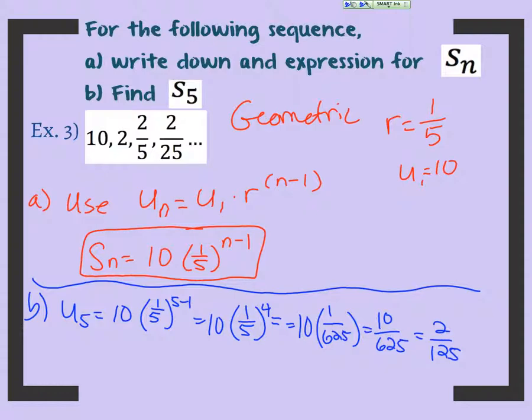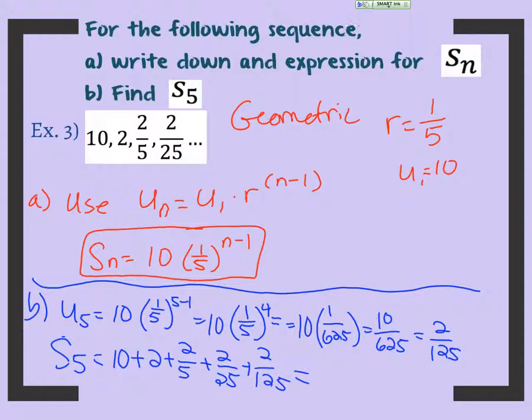So once again, yeah, I did it the long way. It would have been a lot shorter just to multiply by 1/5. I don't care which way you do it. But then to find the sum, remember the S, not S sub n, S sub 5, that means the sum of the first 5 terms, I have to add 10 plus 2 plus 2/5 plus 2/25 plus 2/125.